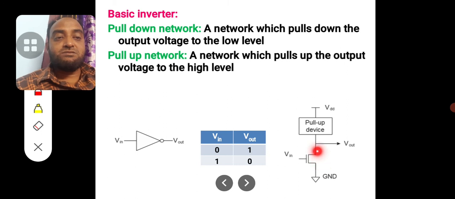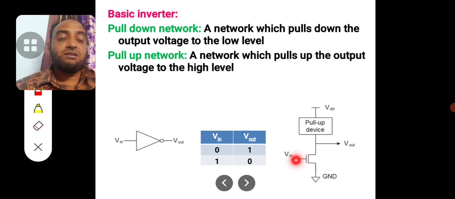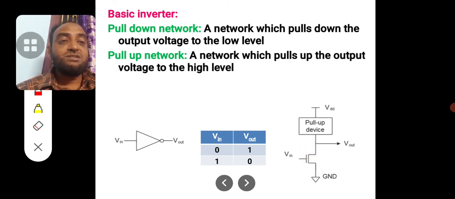Let's discuss why this is called the pull-down network. When you apply a logic 1, that means 5 volts for example, this device turns on. That means there is a short circuit between drain and source. This short circuit will obviously have a resistance which is less than the pull-up resistance.